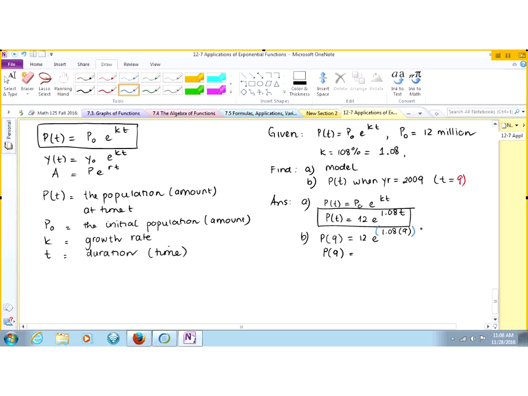So 12 e raised to the 1.08 multiplied by 9. So what's the answer? 199,766. Yes. So 199,766.9 million. So this is approximately what, 200,000 million?